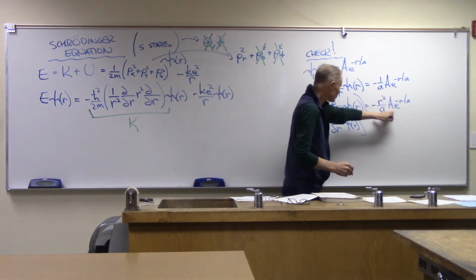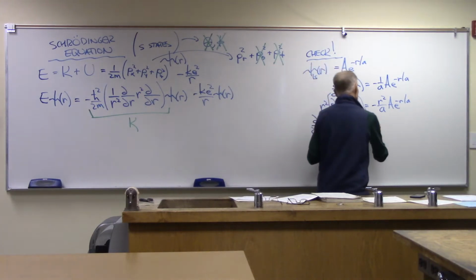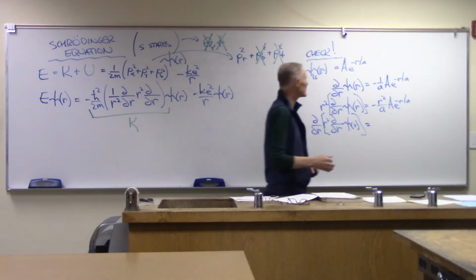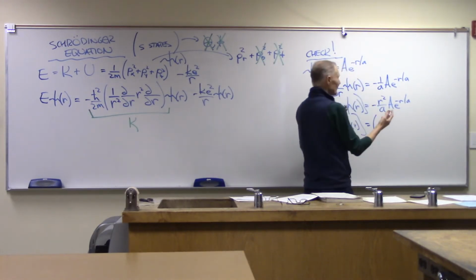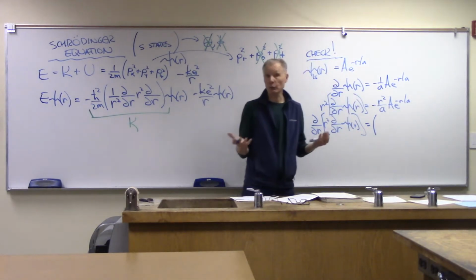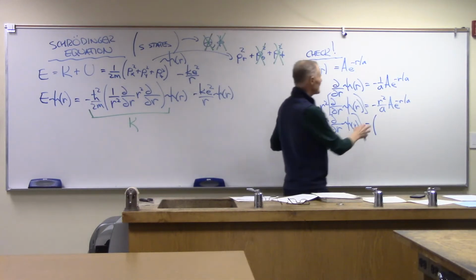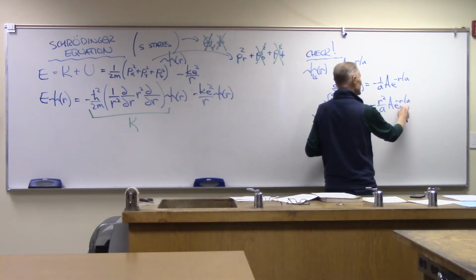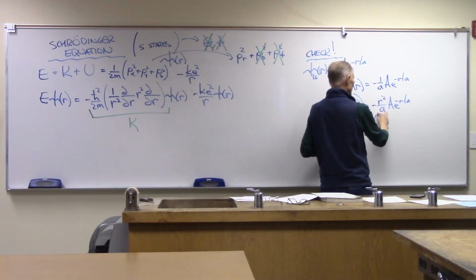Now this time it's a little more complicated because I'm going to have a couple of factors, so I've got to use a product rule. I take this and multiply it by the derivative of this, and then take this and multiply it by the derivative of this.